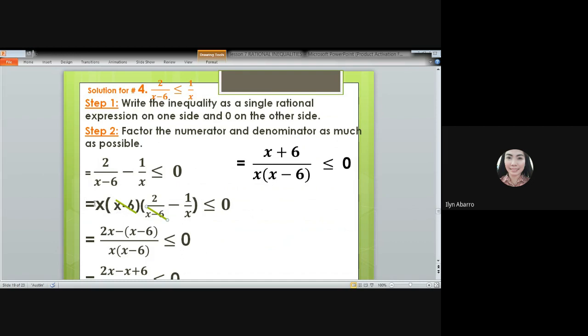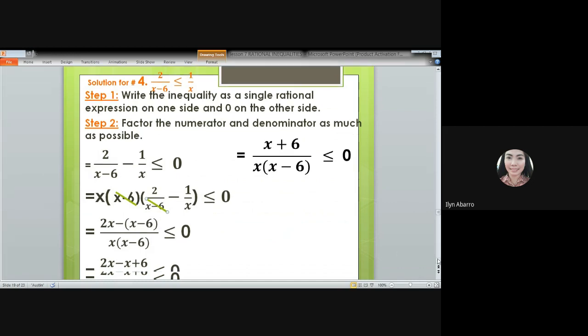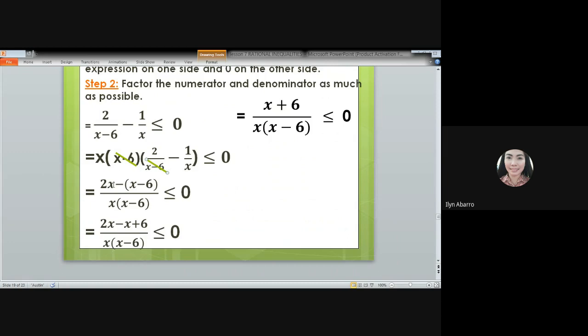So, ang makakancel naman dito is yung x. Ang maiiwan ay yung x minus 6 times 1, which is x minus 6. But we have to separate it into the parentheses kasi we're going to change its sign because our operation here is subtraction. Okay? So, let's move on.